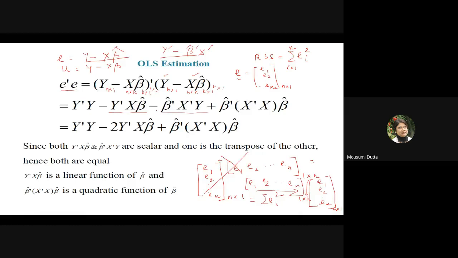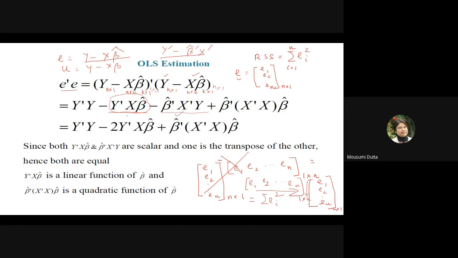If you look at the two elements, this one is nothing but the transpose of the first. If you take the transpose of this element, are we getting this one? Yes, ma'am.